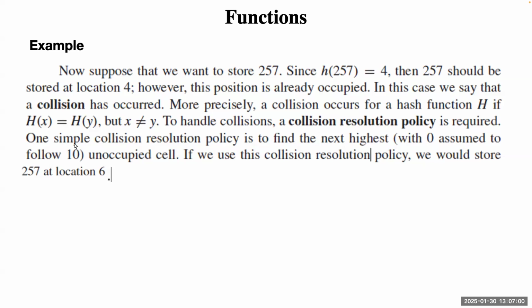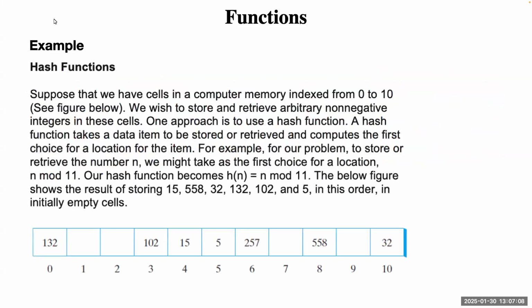Our simple collision resolution is just to find the next highest empty cell. So when he did 257, he got 4, went there and went, darn, it's already occupied. What's my collision resolution policy? Just move down the array until I find an empty spot, which turned out to be 6, and throw the number in.